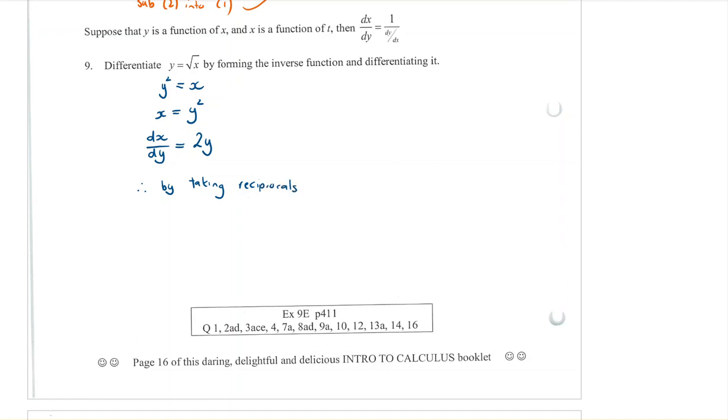By taking the reciprocals of both sides, I get dy over dx, which is what I wanted, and the reciprocal of 2y would be 1 over 2y. But also, I don't really want to have a y in my equation here, I want x. Remember that y is equal to square root of x, so I can sub that back in to be 1 over square root of x. And there is my derivative dy over dx.